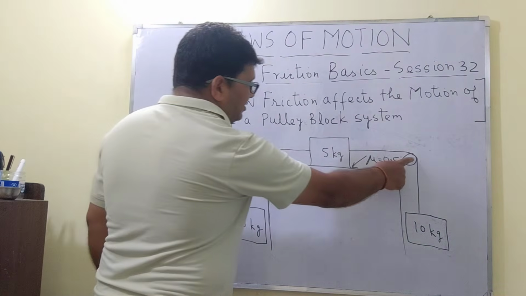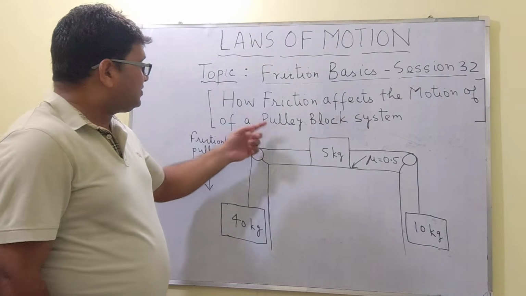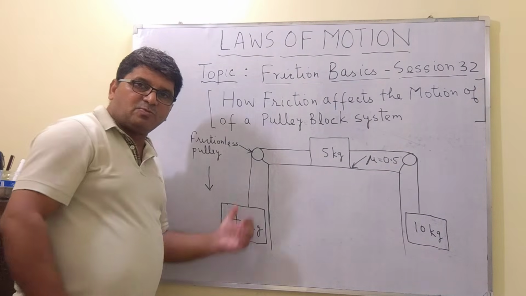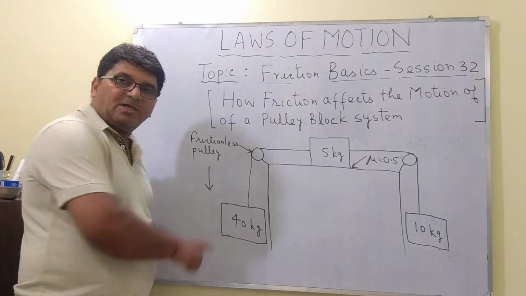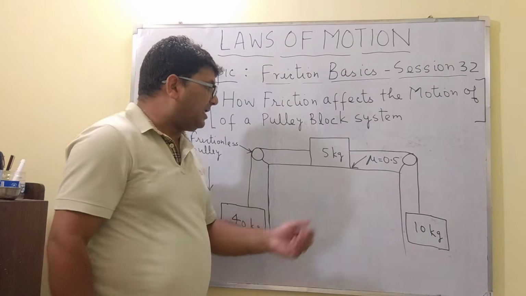These two are the frictionless pulleys, and in this question this block of 40 kg is moving downward as shown by this arrow. So in this question we have to find two things.